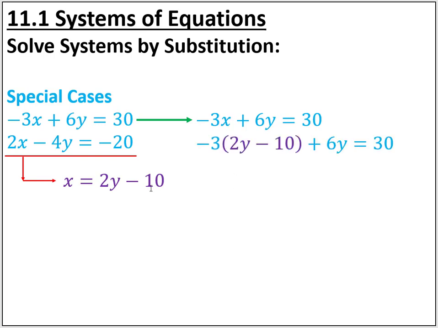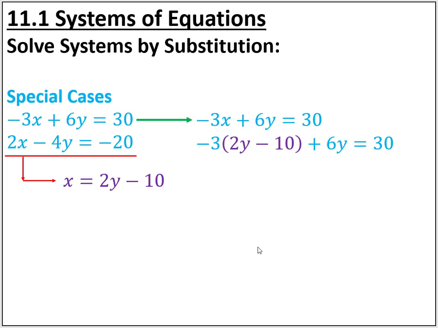So I substituted x with 2y minus 10. I put it in parentheses because in the first equation, negative 3 and x are multiplying each other, so when I replace x with 2y minus 10, I am essentially multiplying with the negative 3.